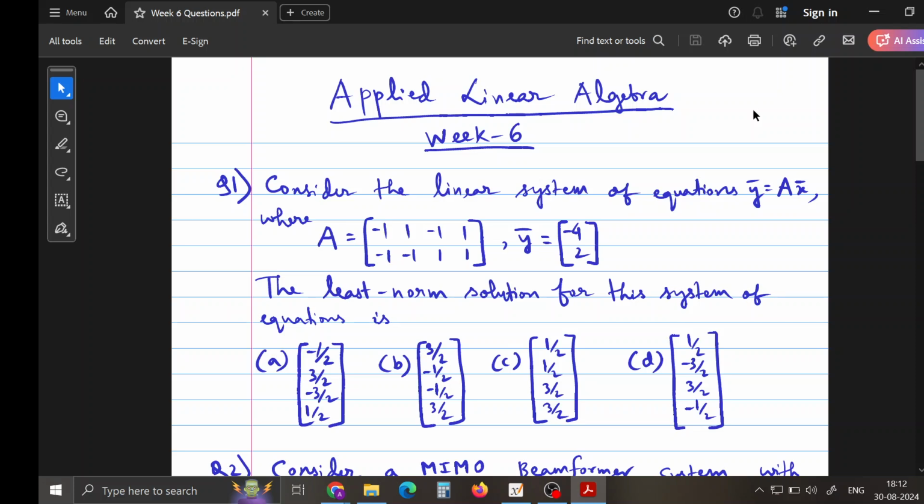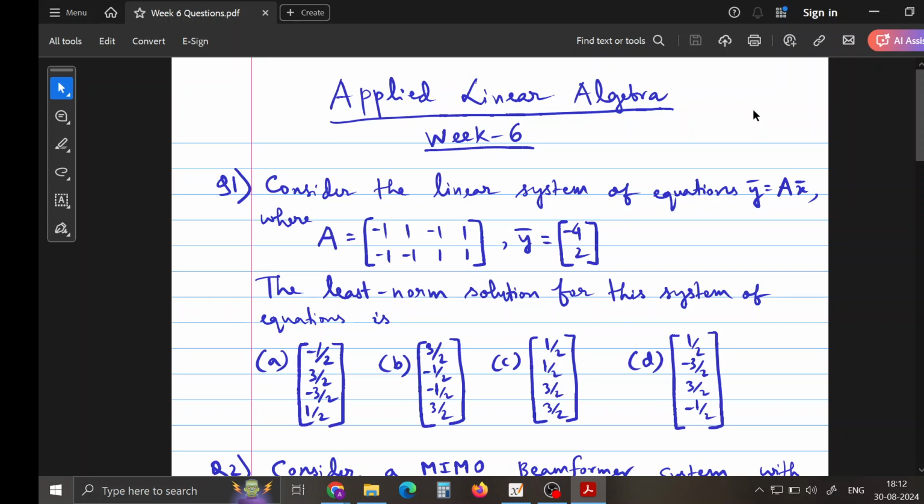If you carefully see, we are asked about the least norm solution, which makes sense because if you observe the matrix A, it has 2 rows whereas it has 4 columns. So it's a wide matrix, right? Whenever there is a wide matrix, we go for the least norm solution, which we have seen in the week 6 lectures.